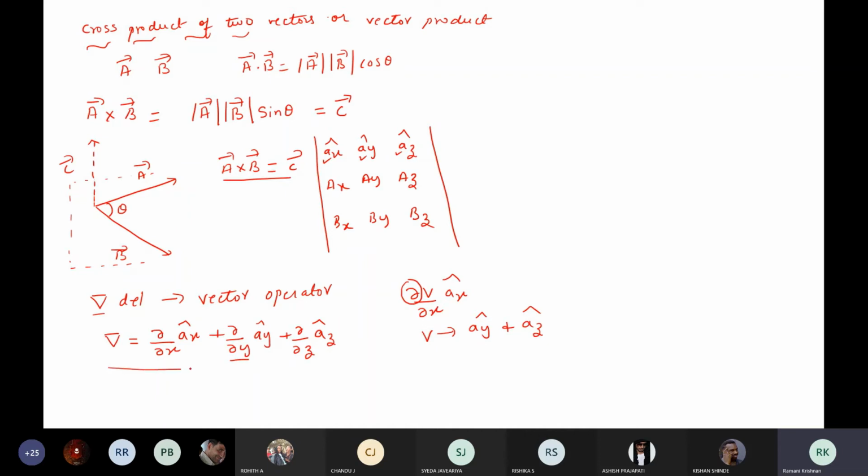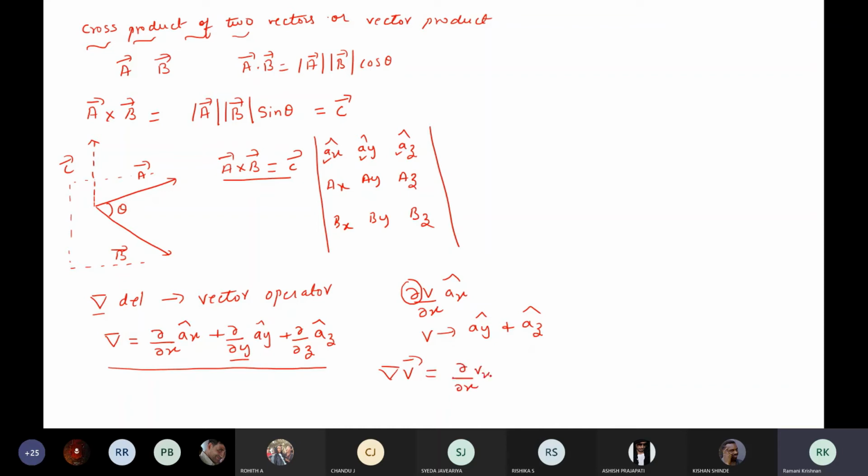So we should also know what del is. Del is a vector operator which is used in mathematical calculations. The purpose is just to reduce writing elaborate lengthy equations. For example, if I write del v, you will understand what it means.